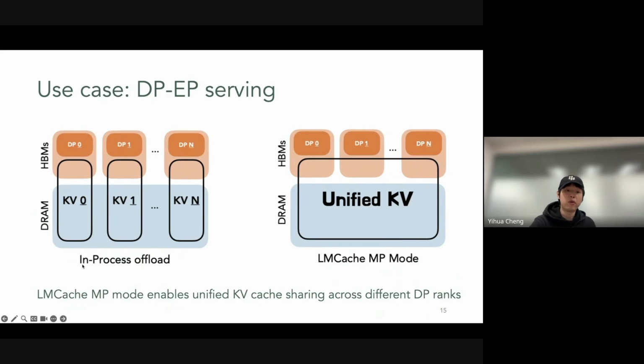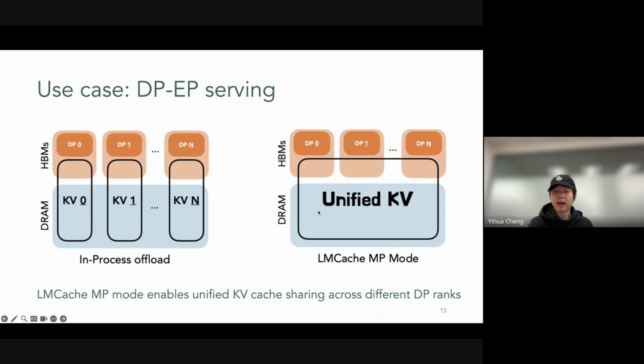If we can only do in-process offload, each DP rank will have its own KV cache pool, and those pools cannot talk to each other, or have to do IPC transmissions to send or receive KV cache across different pools.